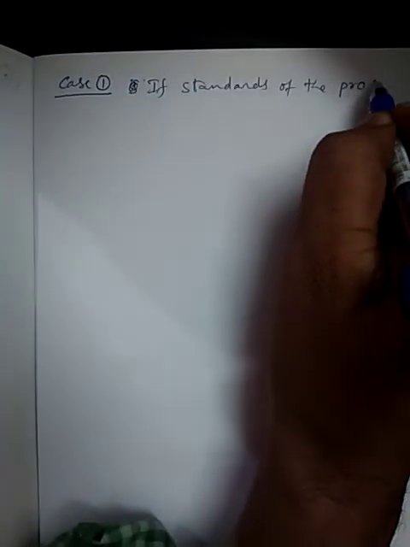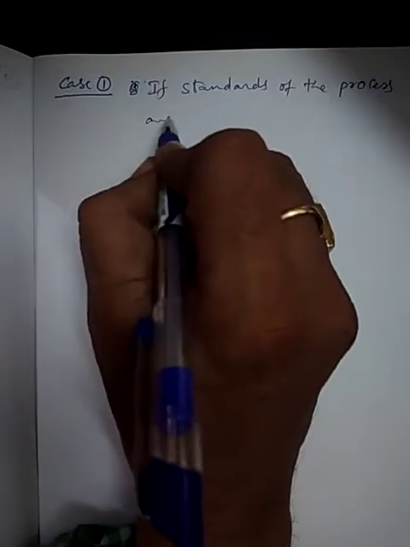Case 1: the process mean and standard deviation are known, that is, the standards of the process are known.